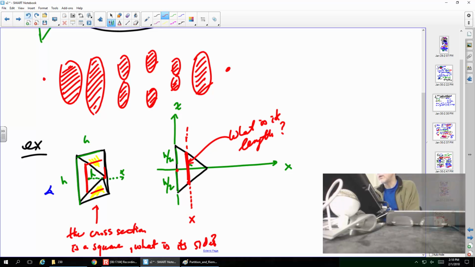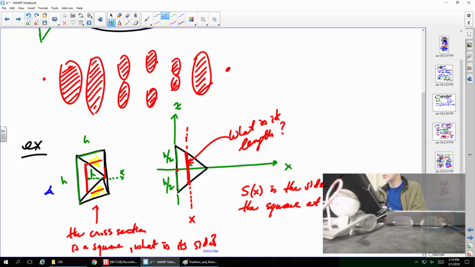So say S of x. I have too many h's. S of x is the side of the square at x. Okay, so that's what we need to find.